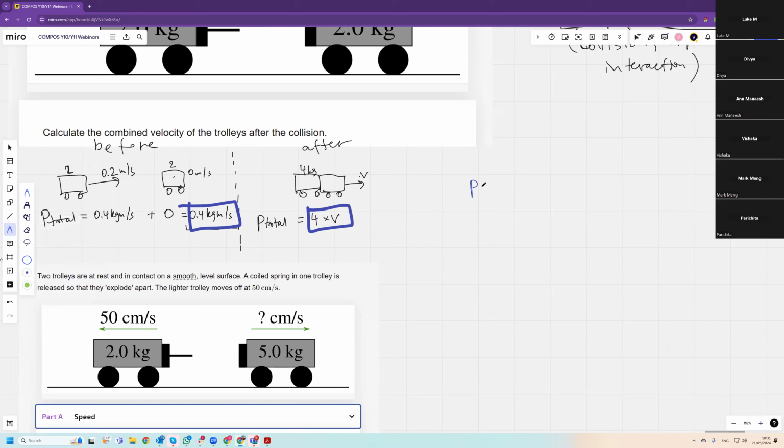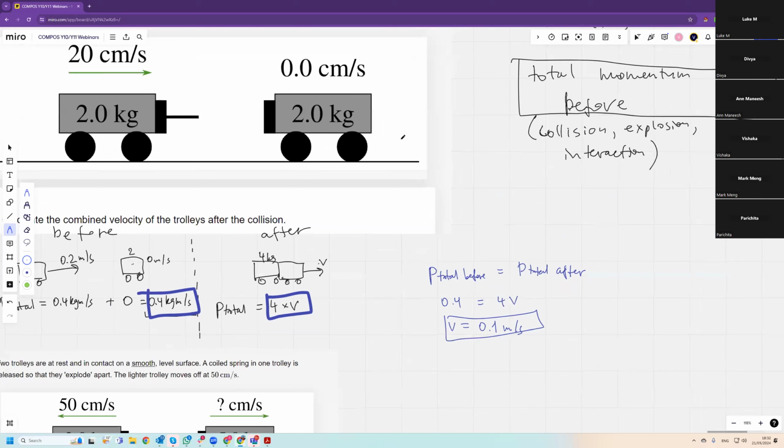So total momentum before is equal to the total momentum after. So 0.4 equals 4 times v. So v is equal to 0.1 meters per second. That's it. After they stick together, the final velocity v final is 0.1 meters per second.